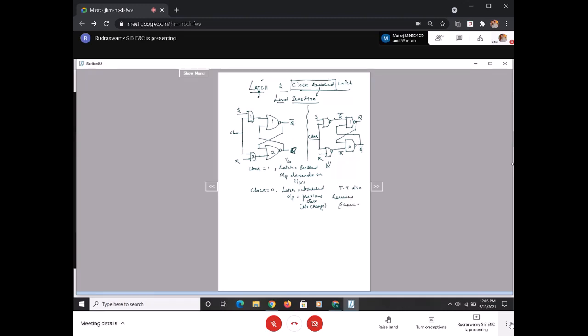Now for these two clock enabled latches, one constructed using NOR and another constructed using NAND, I want to realize the circuit for this. How to go ahead now? Yeah, anyone? Structure for these two latches.